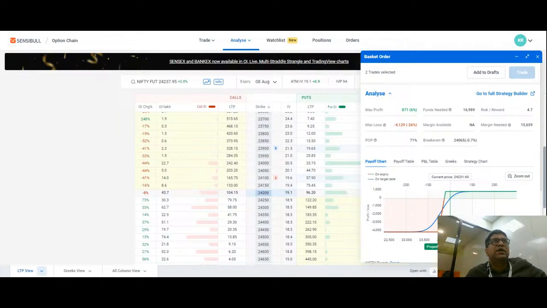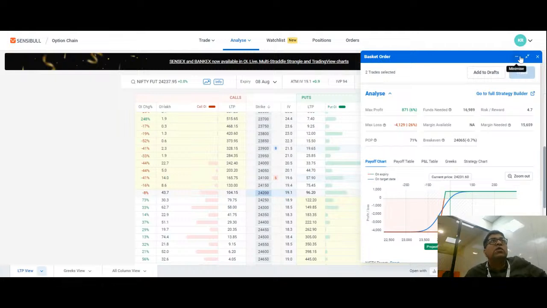If the market really falls a lot, then I'm in big trouble. The max profit here is only 870, and my max loss is around 4,000. But it also says the probability of this happening is around 71%. The market could fall down a lot more tomorrow.